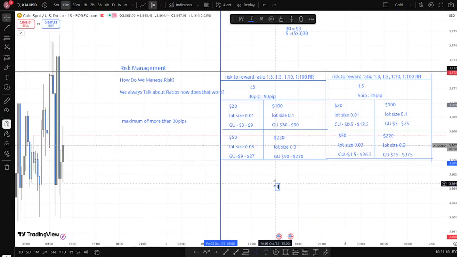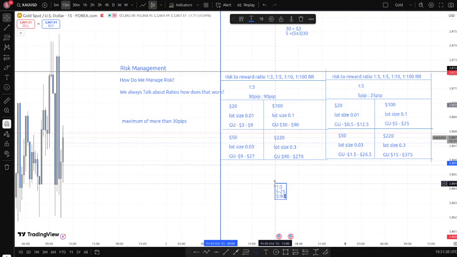Hii figure yenye iko hapa, it will change, because if 1 to 5, acha tu niwafanyie hapa muone. If 1 to 5 is the same as $5 to 25, what about ikiwa 5 pips to 90 pips?